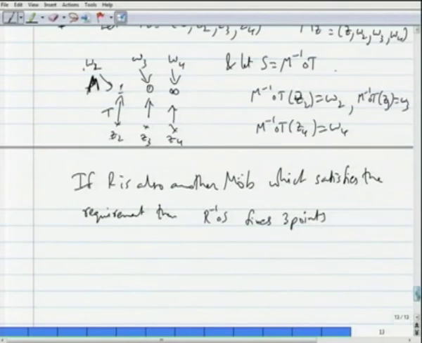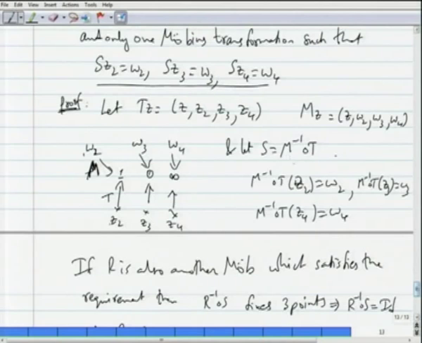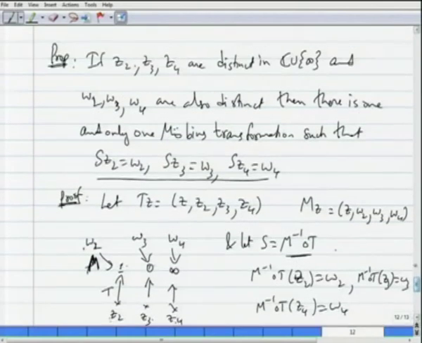R inverse circle S fixes 3 points Z2, Z3, Z4. So, R inverse circle S is the identity transformation which implies R is equal to S. So, this is unique, and your M inverse circle T is what is wanted. So, that is the idea, you take Z2 to 1, Z3 to 0 and Z4 to infinity, and then go back via M, 1 goes to W2, 0 goes to W3 and infinity goes to W4. So, that way you can achieve what is wanted in this proposition.